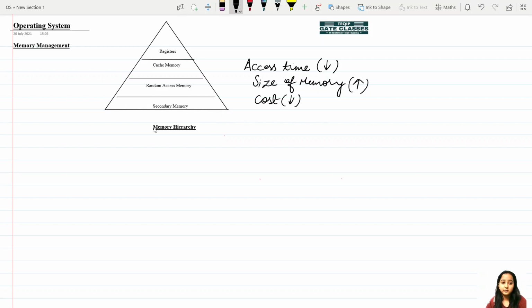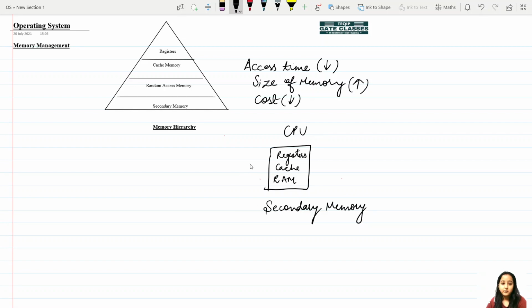And if I see diagrammatically, these registers are present here, then cache memory, then random access memory, or you can say main memory. Here we have the CPU, here we have the secondary memory.